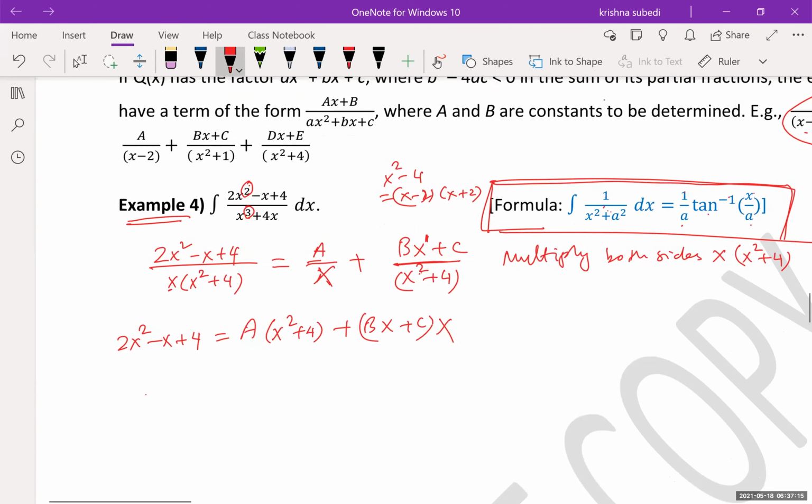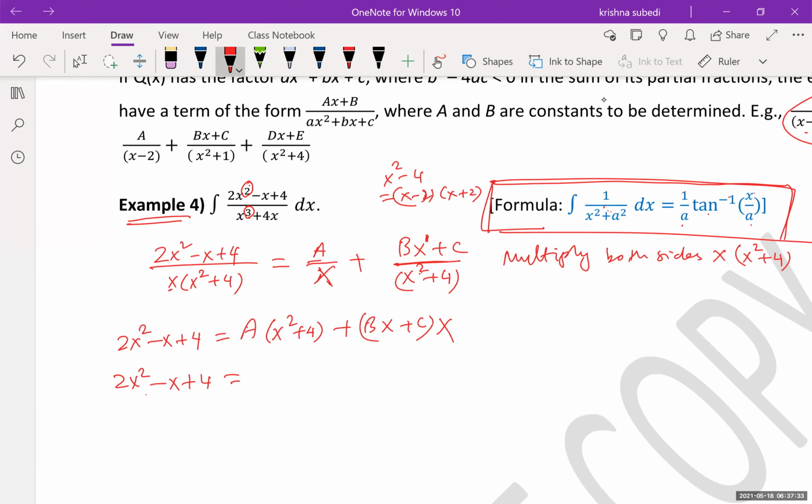Okay, and all we need to do is find the value of a, b, and c. You already know two methods, but here I want to use another. Let me rewrite this once more: 2x squared minus x plus 4.